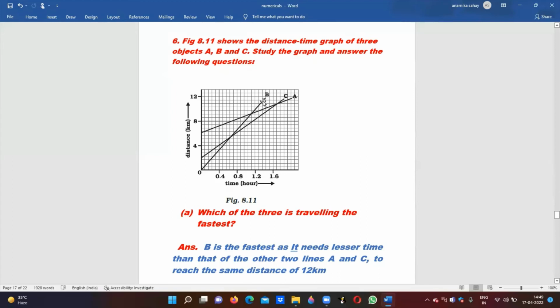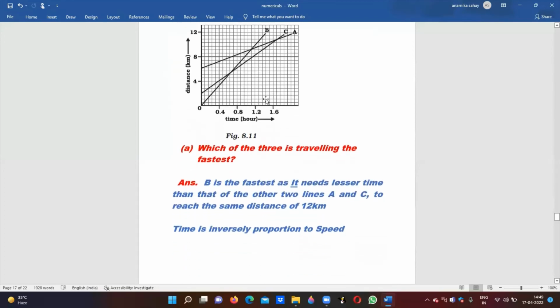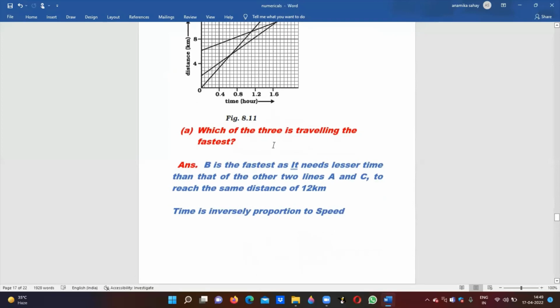Okay, but the time taken by B is less. C must take more than 1.6 seconds. Time is also bigger. The least time is taken by B. So this B is faster than the other A and C. Okay, time is inversely proportional to speed.